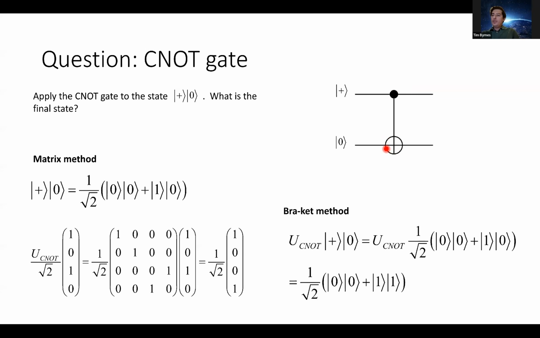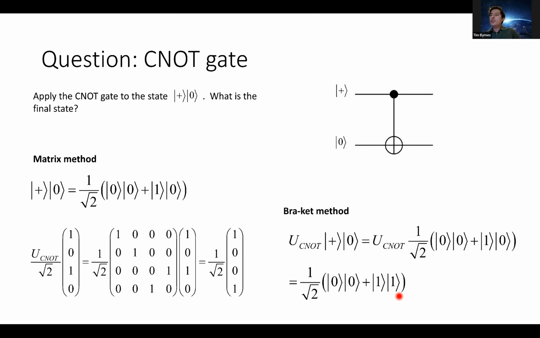So it's actually clear already that this should be the answer, because here's your gate, and it's being applied to this state. You look at the first one, which is the control qubit, and it's 0, so I do nothing to that one. But here it's 1, so I flip this one to 1. That's how you end up with that.